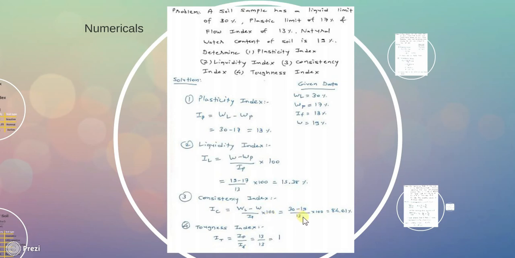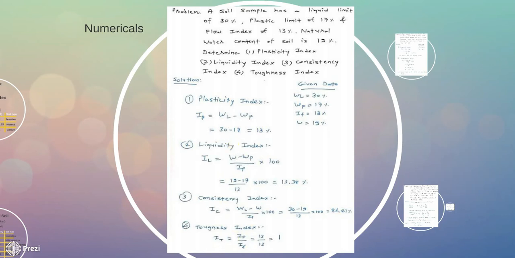Putting all the values, we got the consistency index as 84.61%. And last, the toughness index, IT equals IP by IF. As IP and IF are both the same, plasticity index and flow index both being 13, we will get toughness index 1. I suggest you practice these types of problems more and more.